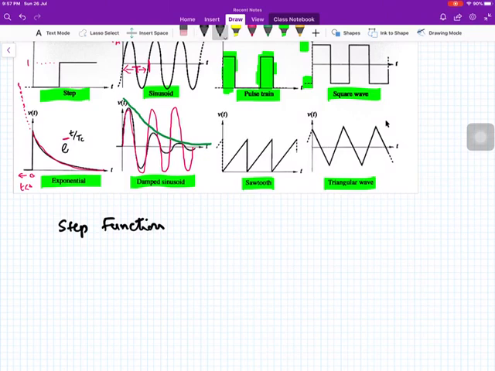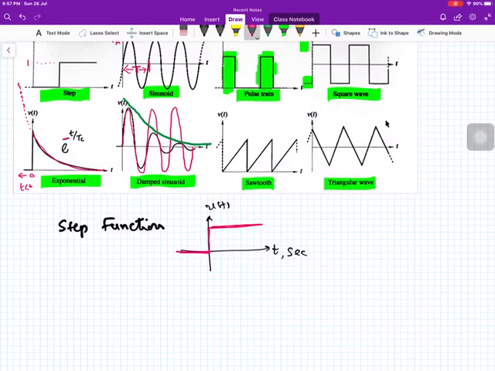The waveform of the step function is like this. This is t in seconds and say voltage. So a step voltage can be shown like this. This is the step voltage.